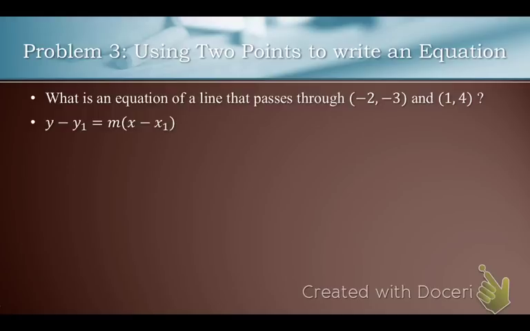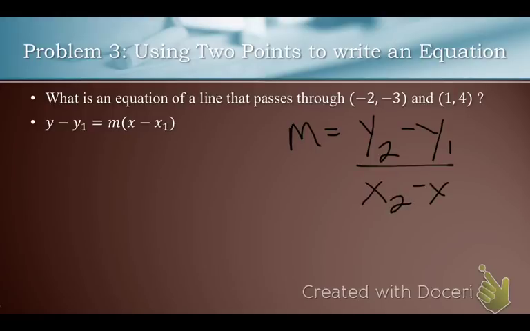Alright, so let's continue on here. What happens then when I am given 2 points and I am asked to write an equation? Well, I know that when I have 2 ordered pairs, I can calculate the slope using this formula. So I'm going to go ahead and start there.